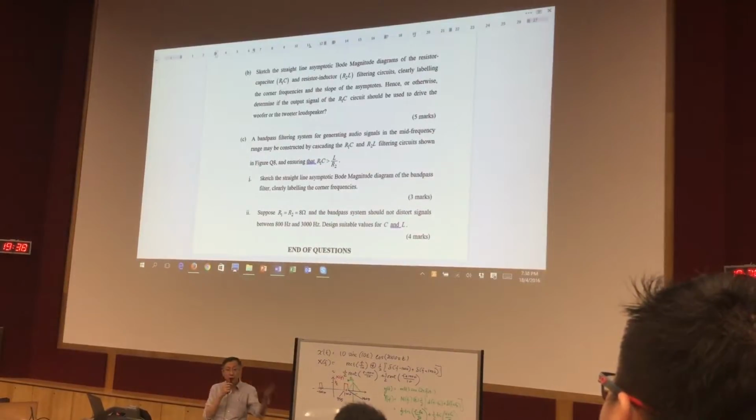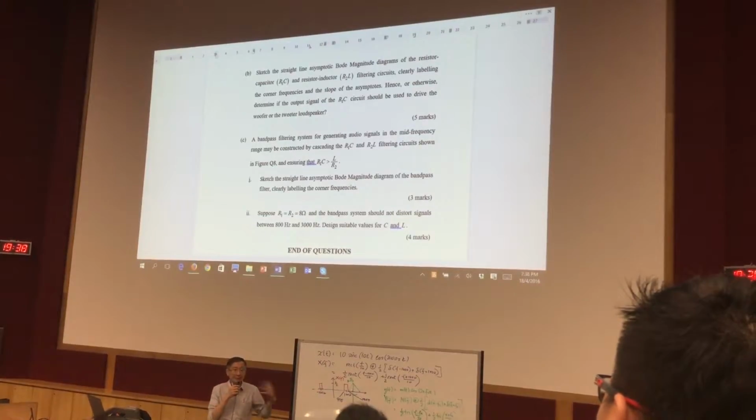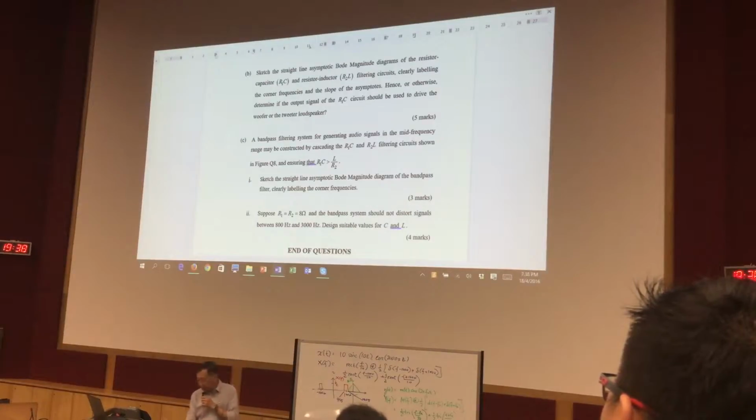You're given R1, you're given R2. One is based on C, one is based on L, therefore you can find C and L. Okay? So those are the parts. Okay, so the tricky part is actually not the low pass, but the high pass, because this is something that may be new to you. So let me put the solution.